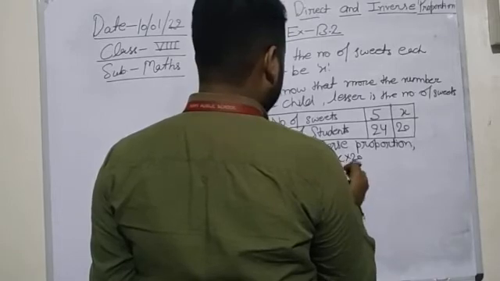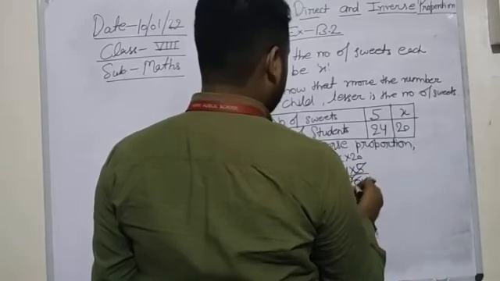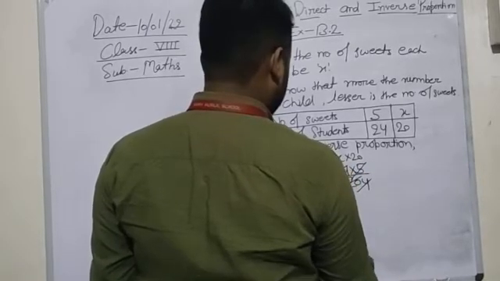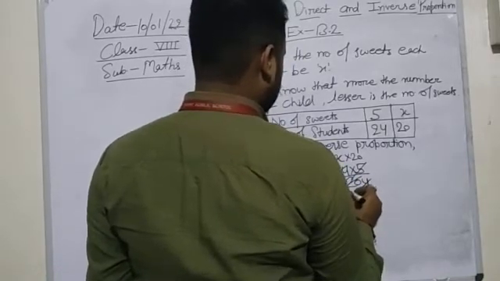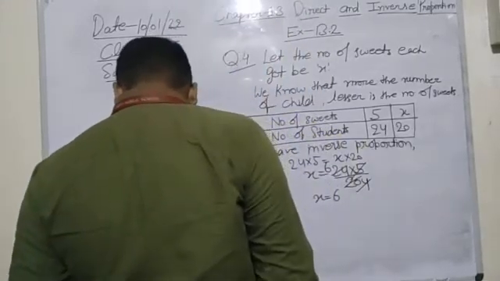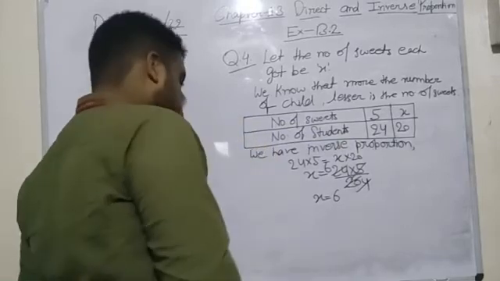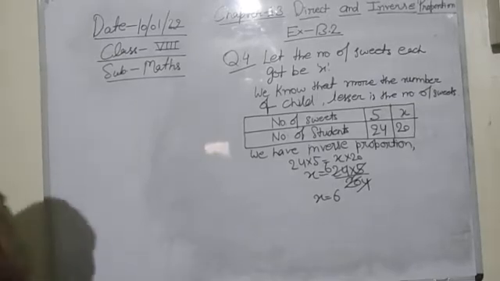So x will be 24 into 5 upon 20. 5 4 is 6 times. x equals to 6.